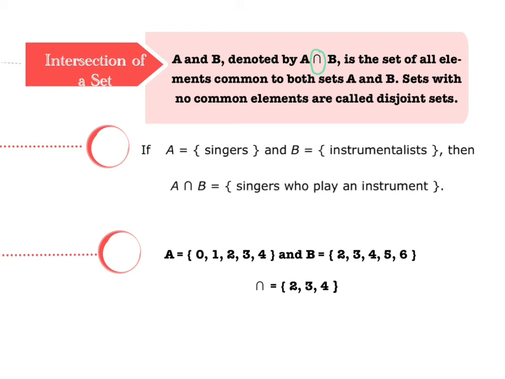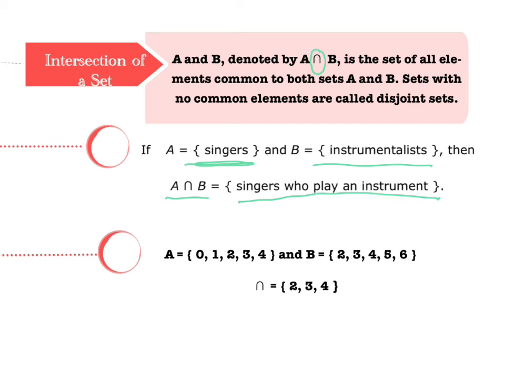It is the set of all elements common to both sets A and B. Sets with no common elements are called disjoint sets. So for example, if A is a set of singers and B is a set of instrumentalists, then the intersection of A and B are singers who play an instrument.